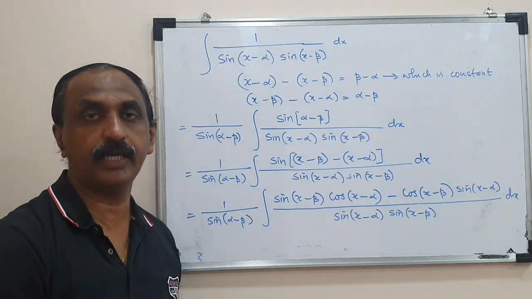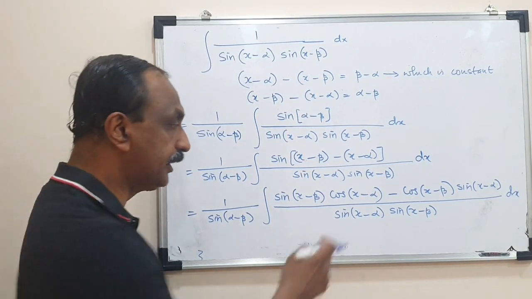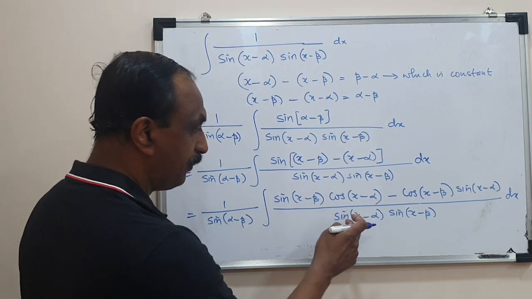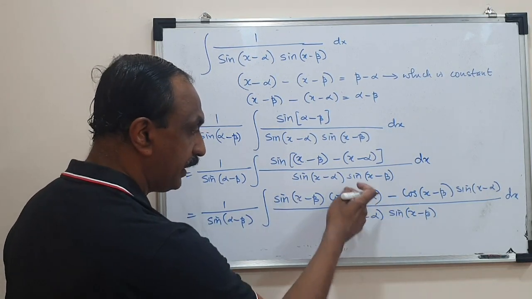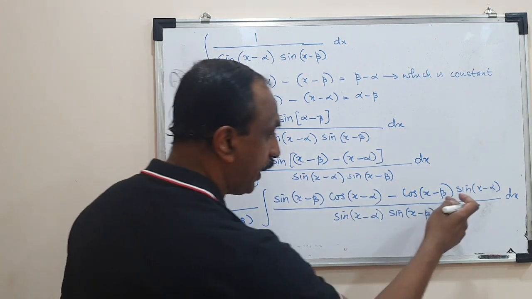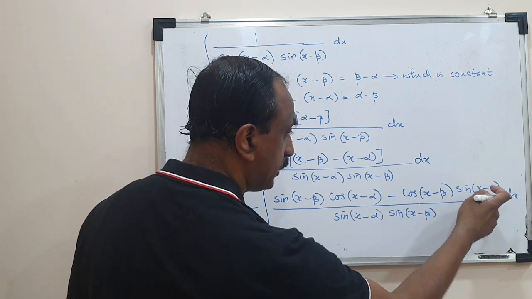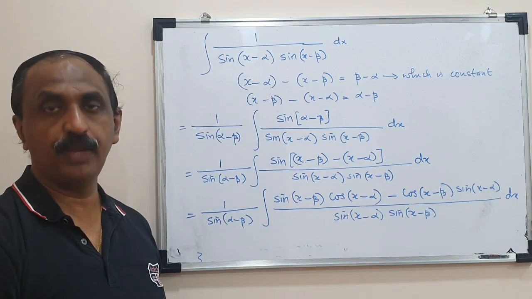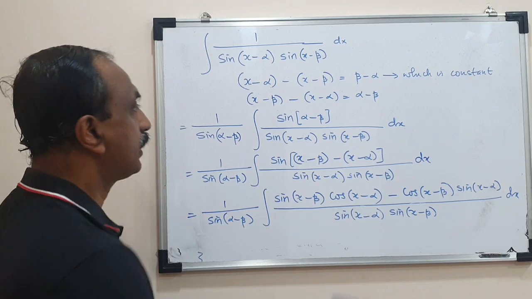So one term should get cancelled, then only we will be able to do it. And further, after cancellation, the angle should be the same. For example, when we cancel these two, the angle here is x minus alpha, and here is also x minus alpha. So we can combine. In the same way, here when we cancel these two terms, the angles left are the same, so we can combine. We have made it in such a way that we can combine them.